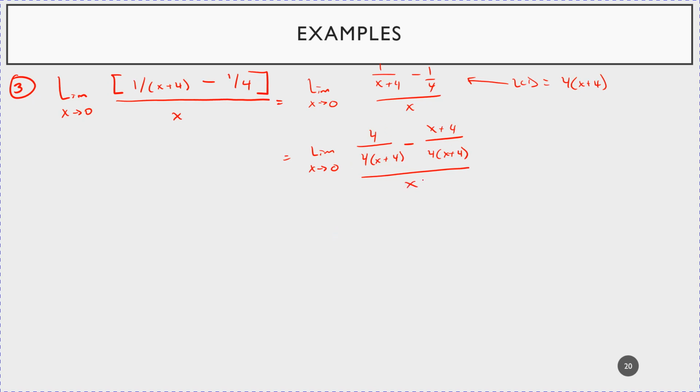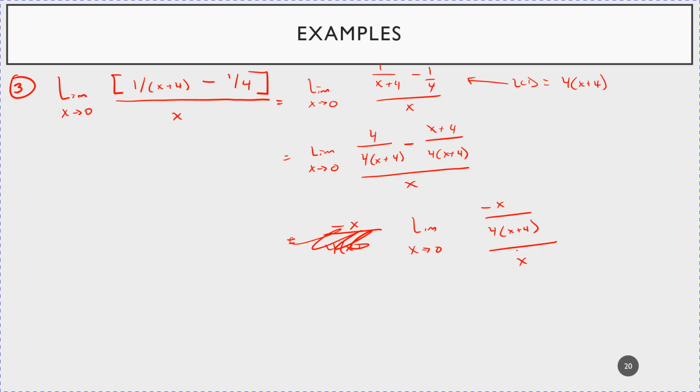Well, now look what happens when I combine this, and you have to be careful with the negative here. You get 4 minus 4, that goes away, and then I'm just left with minus x, so minus x divided by 4 times x plus 4. Oh, I forgot the limit part. Don't ever forget the limit. Limit as x goes to 0 of minus x over 4 times x plus 4, divided by x.